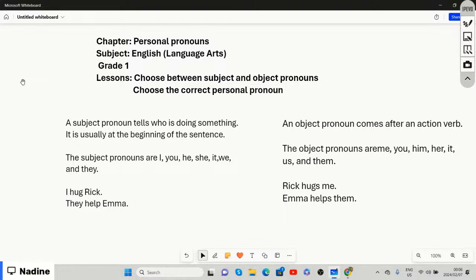All right. So when it comes to a pronoun, we have a subject pronoun and we also have an object pronoun.